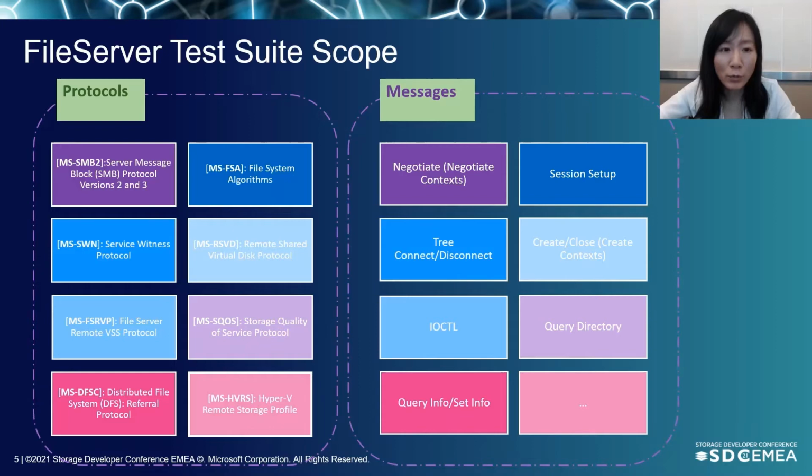Here's the scope for FileServer Test Suite. For protocols, we cover MS-SMB2, MS-FSA, MS-SWN, MS-RSVD, MS-FSRVP, MS-SQoS, MS-DFSC, and MS-HVRS. We also cover messages like negotiate, session setup, tree connect and disconnect, create and close, IOCTL, query directory, and query info.